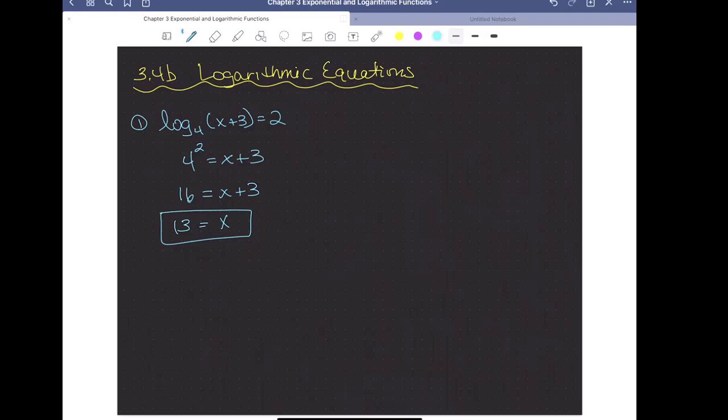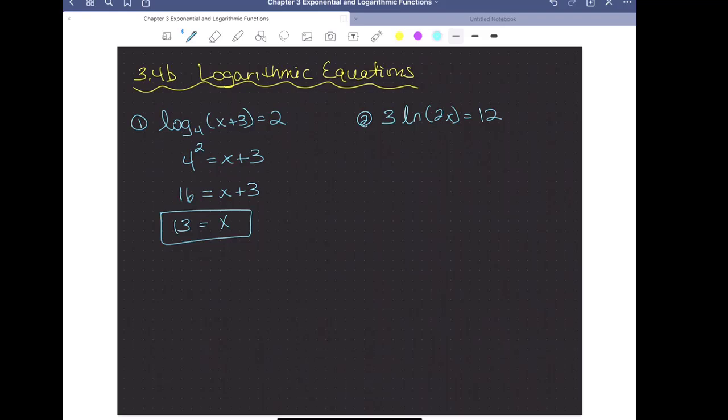So let's spice it up just a tad, right? And let's say we have 3 times the natural log of 2x equals 12. Because I know I have a logarithmic equation, I know my ultimate goal is to turn it into an exponential and then do some algebra to it.